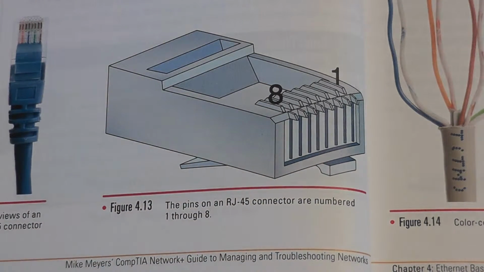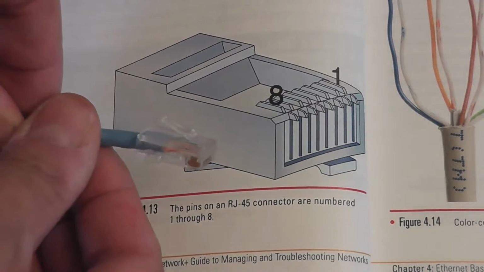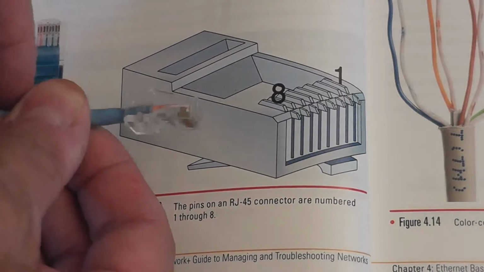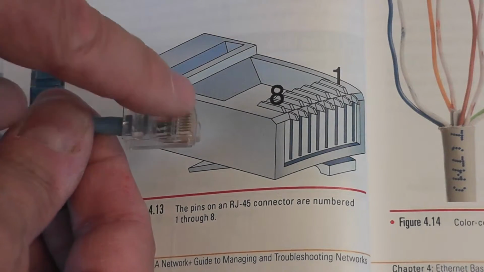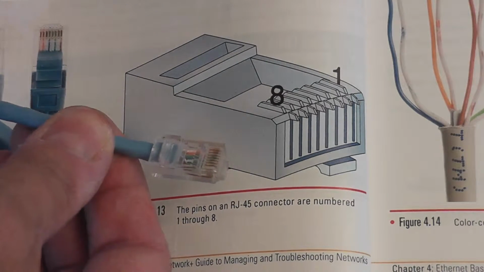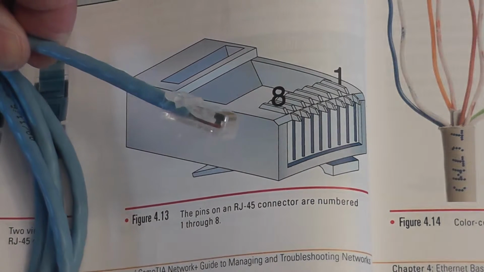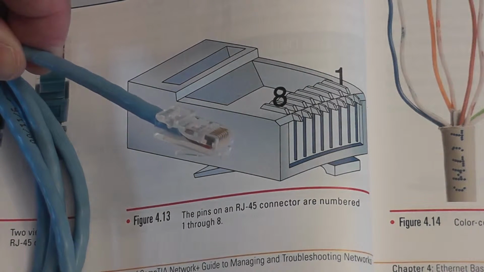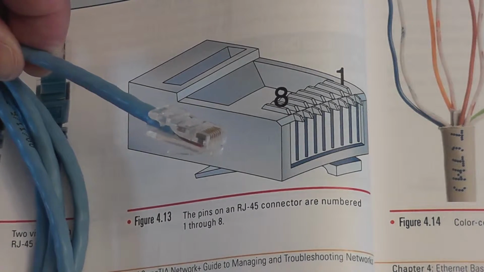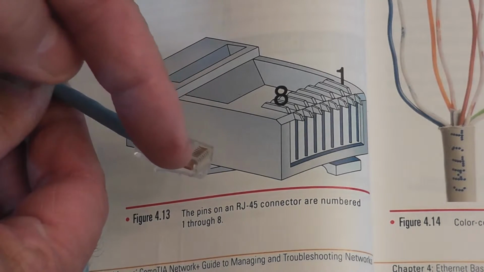Let me bring back the real plug, and you can see the tab that's on the bottom of the plug, and then on the top you can see the brass contacts here. Holding the actual plug as I am, the positions for the wires 1 through 8 are running from this side over to this side.